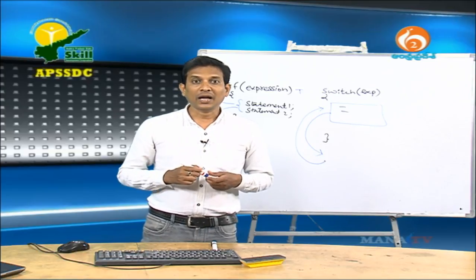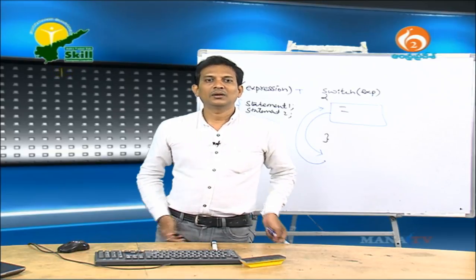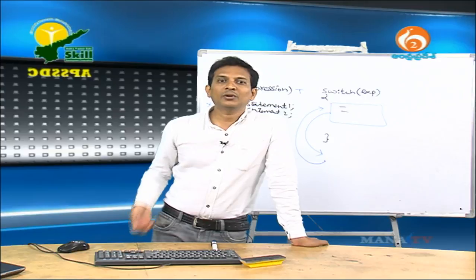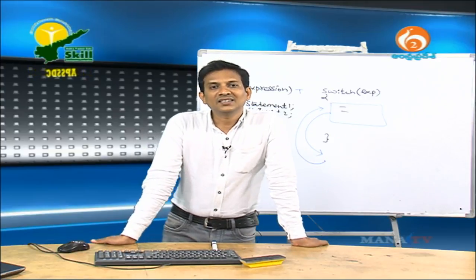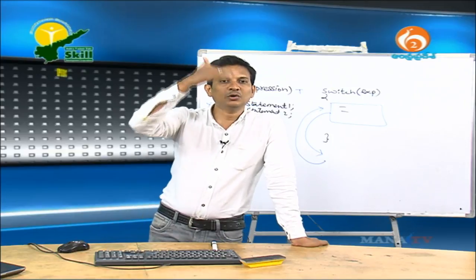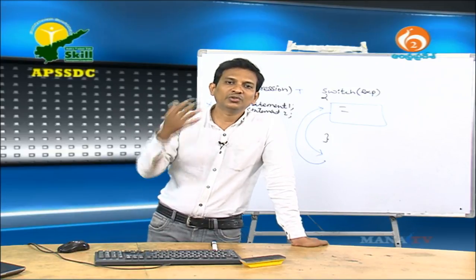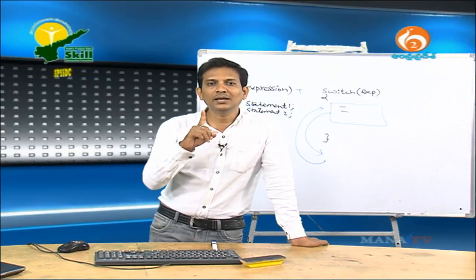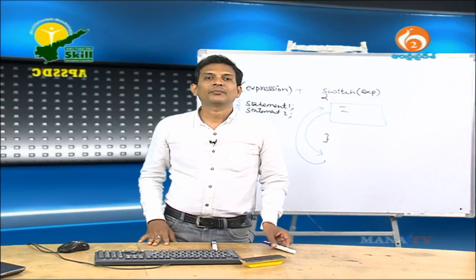For example, I want to display the table of 2: 2 1s are 2, 2 2s are 4, up to 2 10s are 20. It means 10 times I have to write the statements. If you are using the loop statements, no need to write 10 times. If you write only a single statement, the formula logic, that will be fine.